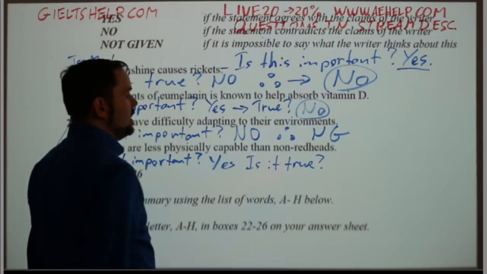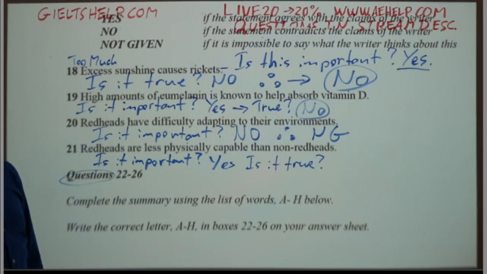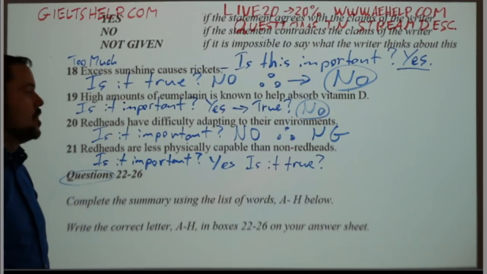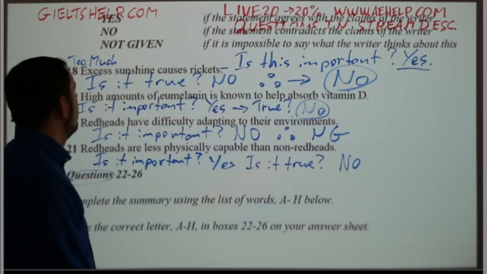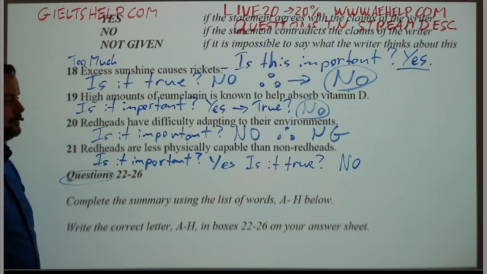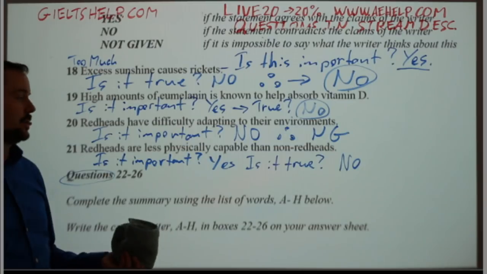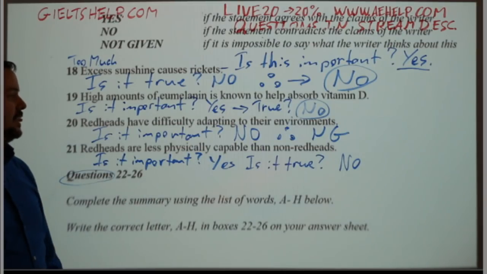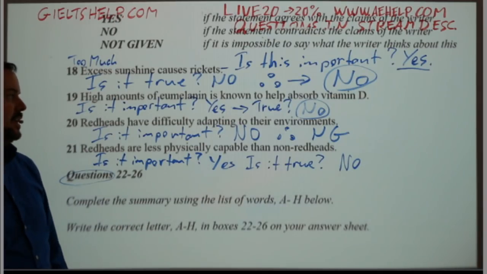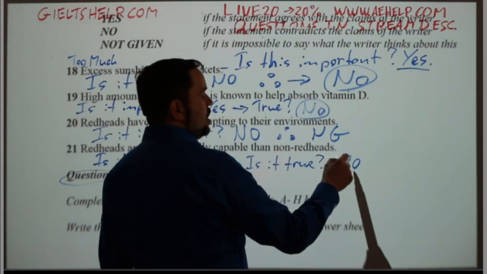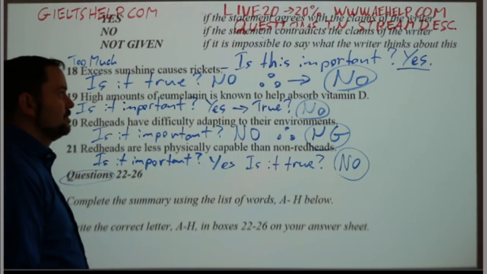And if you're visualizing what you read, the passage talks a lot about this, so it should be easy. No, it's not true. So they bruise easier, and that's why we have a misconception that they are less physically capable. But the paragraph clearly says that it's a misconception that they're less physically capable. So the answers are no, no, not given, and no. Okay, those are your answers.